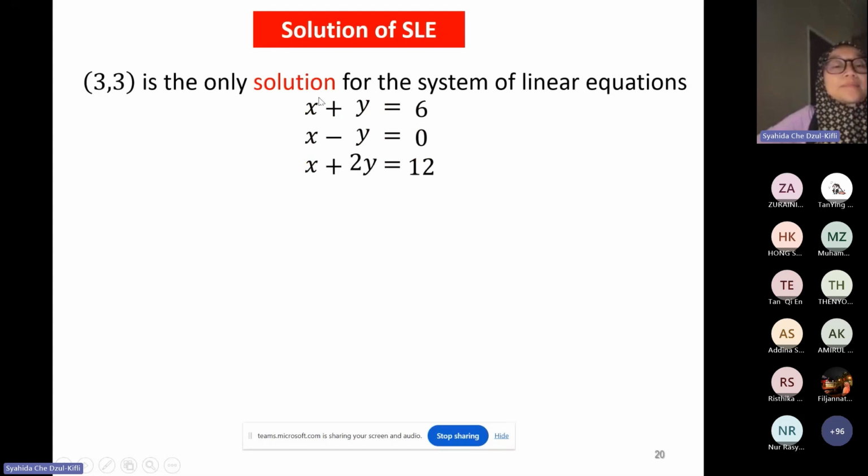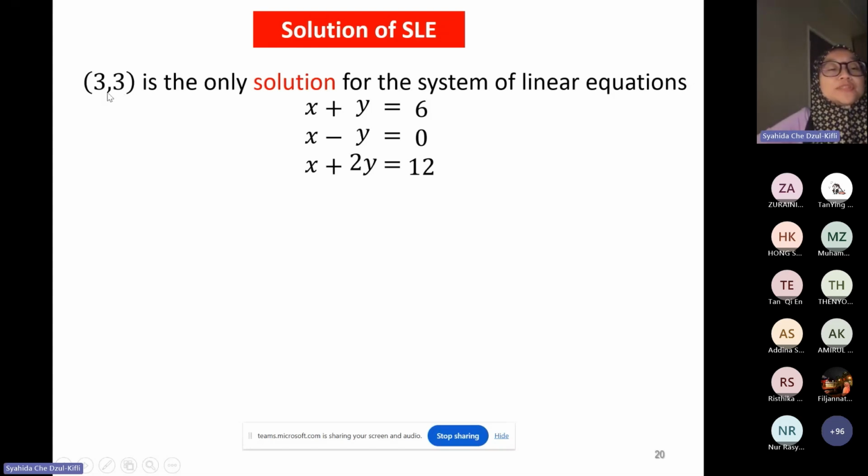This is our first example of a system of linear equations, remember? And this is the solution for this system: the first component, the value of x, is 3, the value of y is also 3.